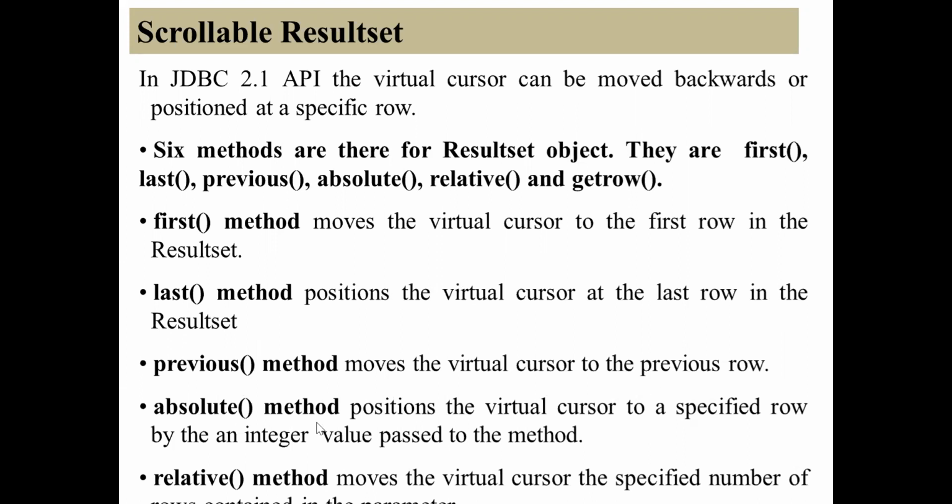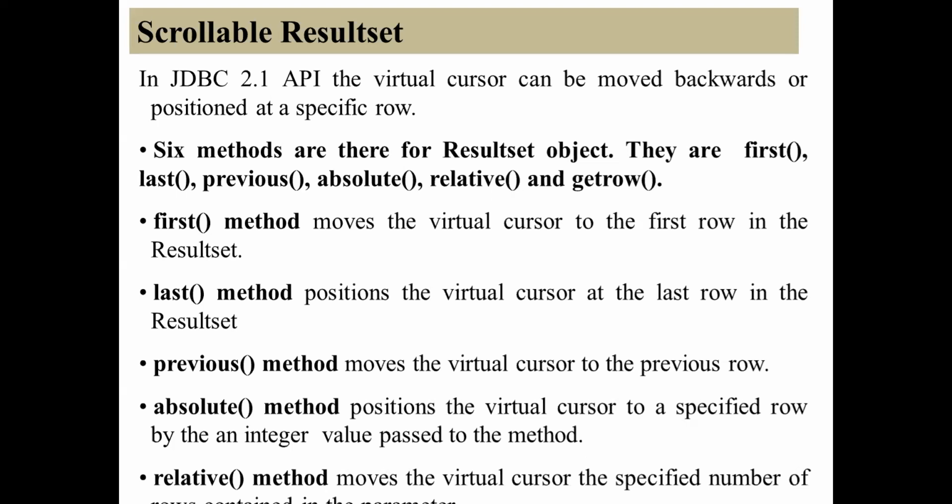And the absolute method positions the virtual cursor at the row the user specifies by passing an integer value to the method. That is the actual position in the table of data.